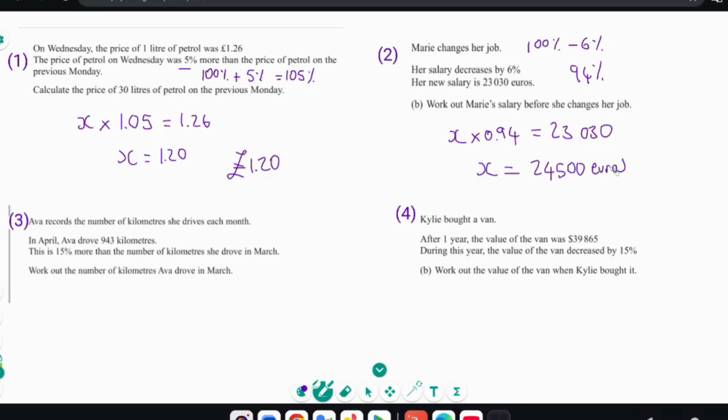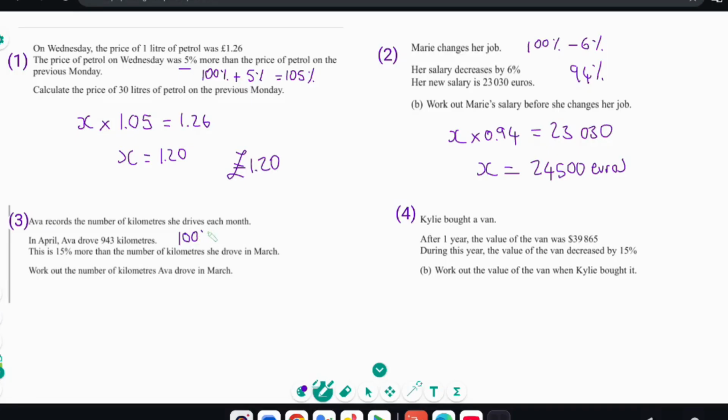Question 3. Ava records the number of kilometres she drives each month. In April, Ava drove 943 kilometres. This is 15% more than the number of kilometres she drove in March. Work out the number of kilometres Ava drove in March. So we have April's amount. We need to go back to find March's.